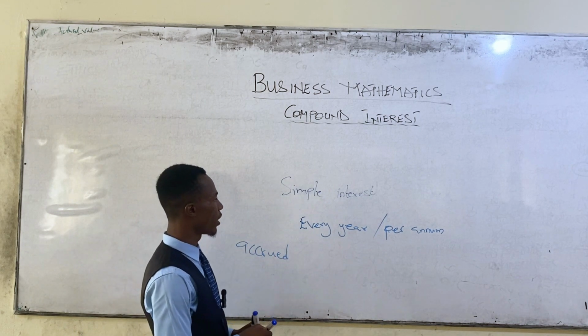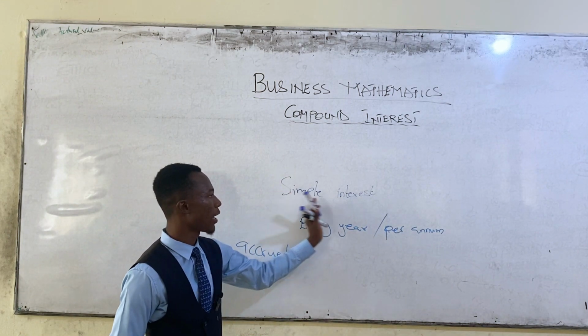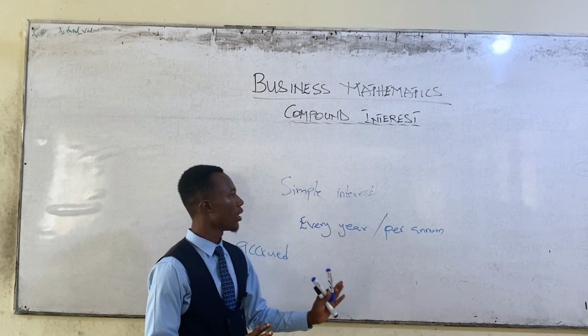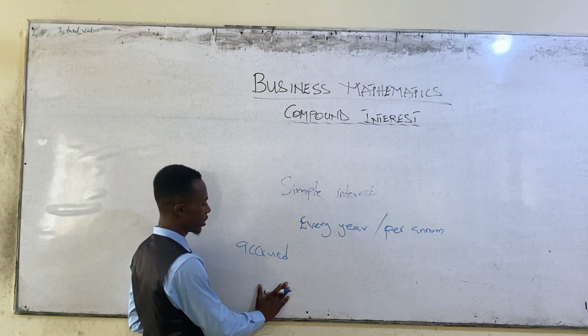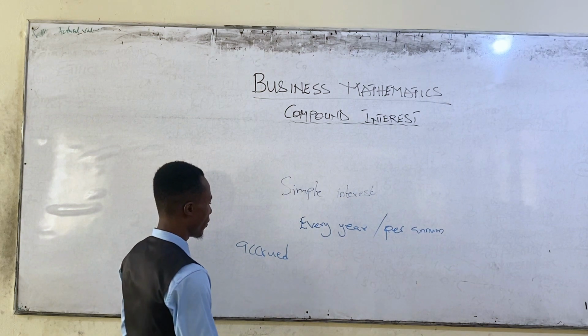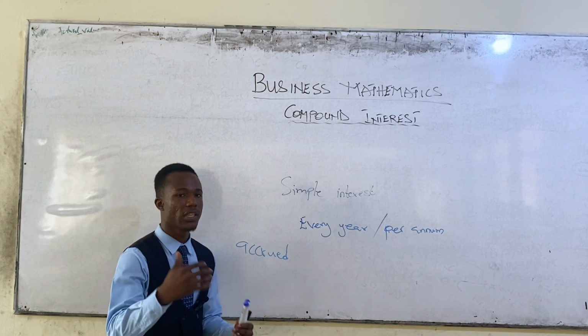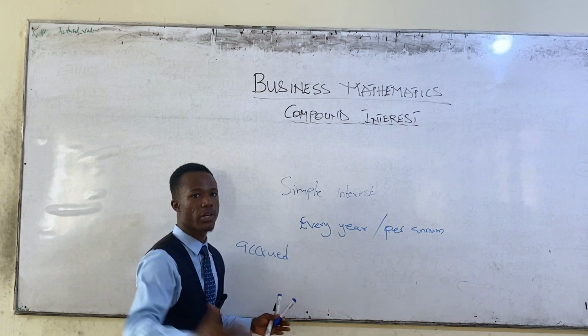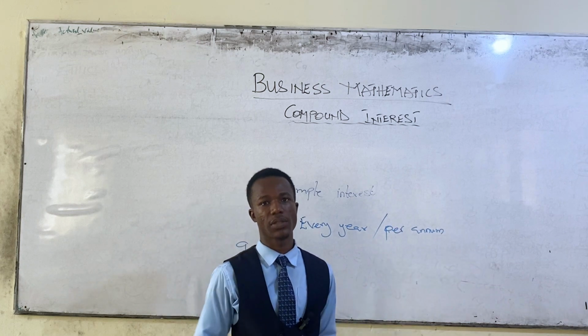Okay, so the difference between simple interest and compound interest is that under simple interest, the interest is not compounded. But when you come to compound interest, the interest is compounded. That is, it is calculated for the various years. But when it comes to simple interest, it's just per annum.